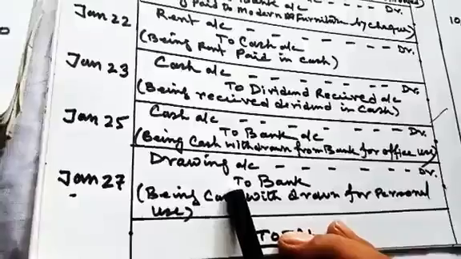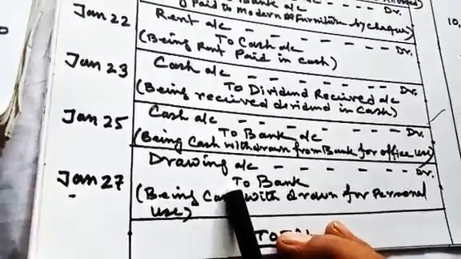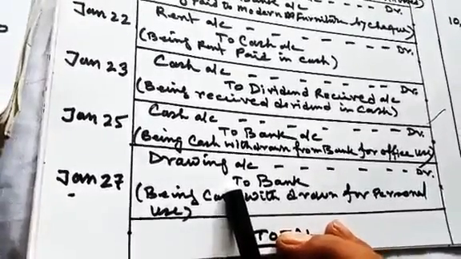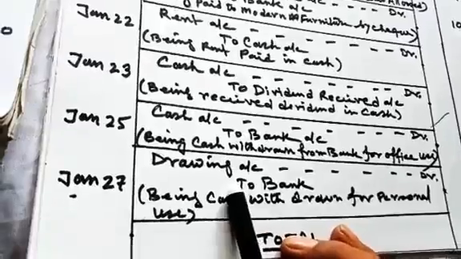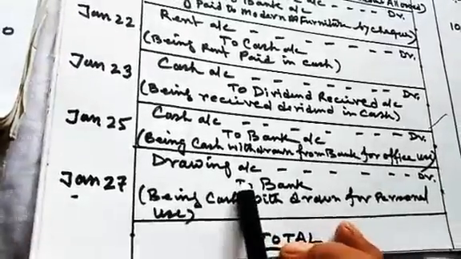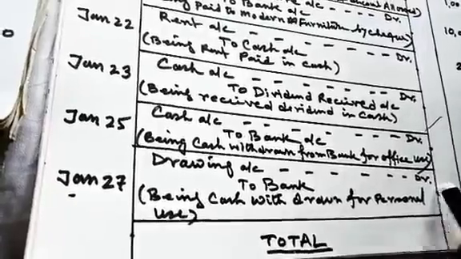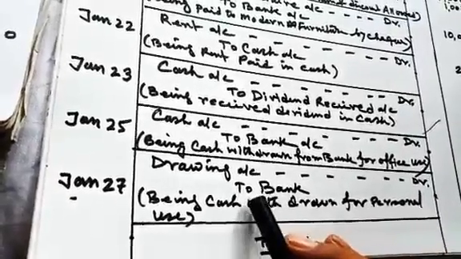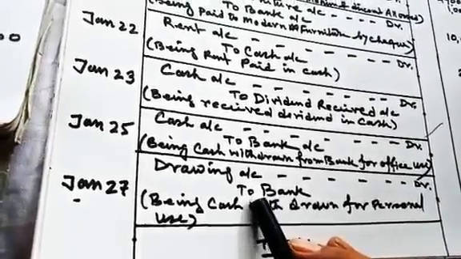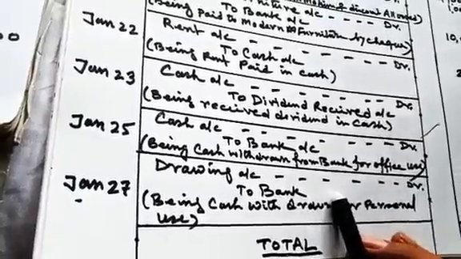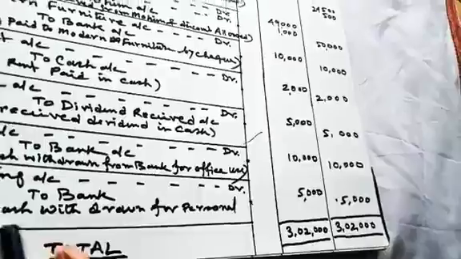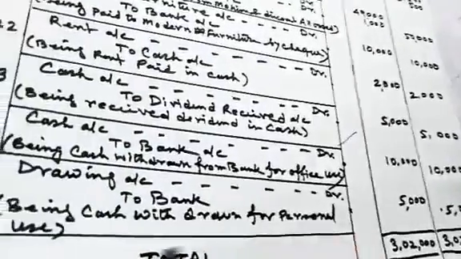And drawing account will decrease the capital of the owner. So drawing account is debit and cash withdrawn from the bank, so credit is the bank, 5,000, 5,000. Being cash withdrawn for personal use.